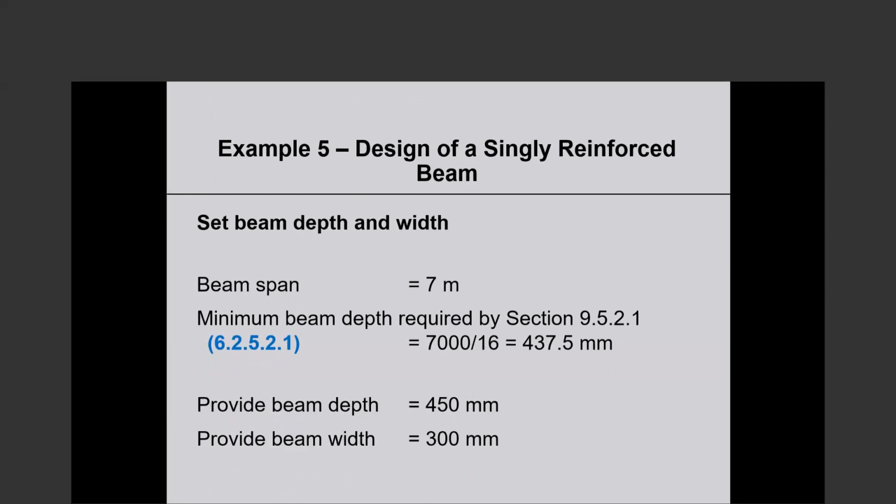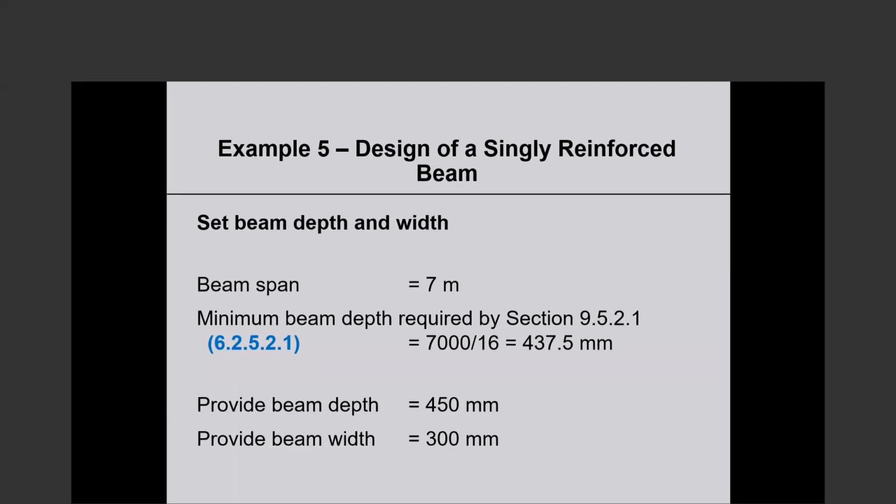Beam span is given as 7 meters. Minimum beam depth is the 7 meters divided by 16. If you go back to the table that I showed you for simply supported beams, which is what this is, the minimum depth required is 1/16 of the span. That gives us 437.5 millimeters.